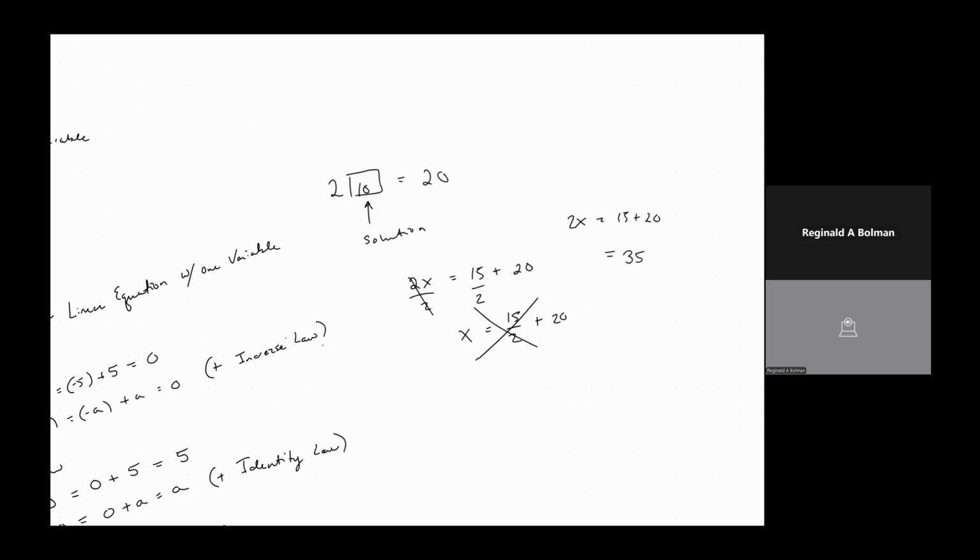And then if you had divided by 2, your answer should have been 35 divided by 2, which should be 17.5. Whereas here, when you divided 15 by 2, well, 15 divided by 2 is 7.5. And if you add 7.5 with 20, you get 27.5. And clearly, these are 2 different answers, so one of which has to be incorrect.